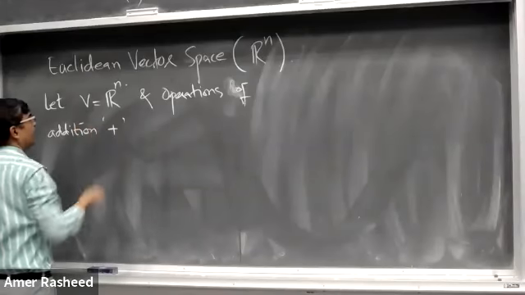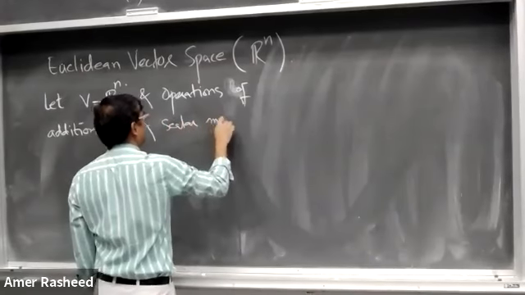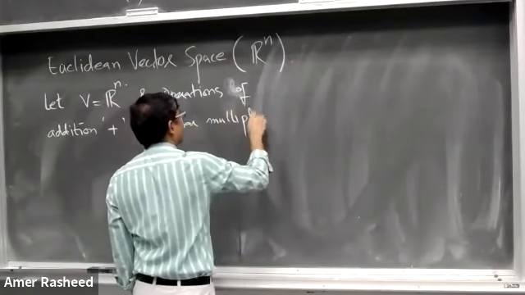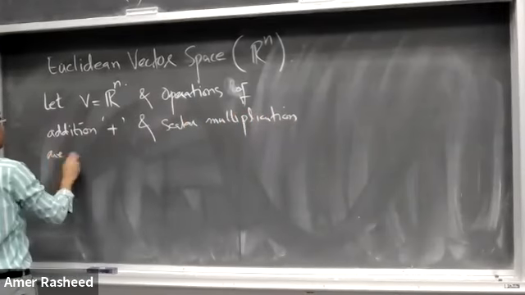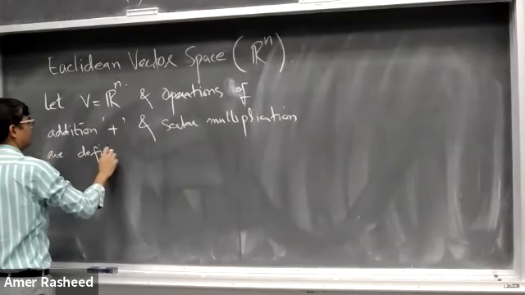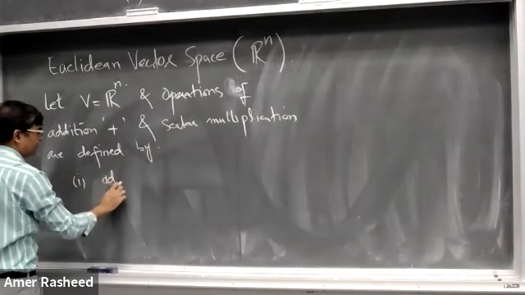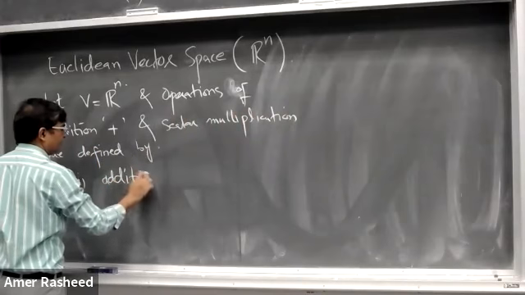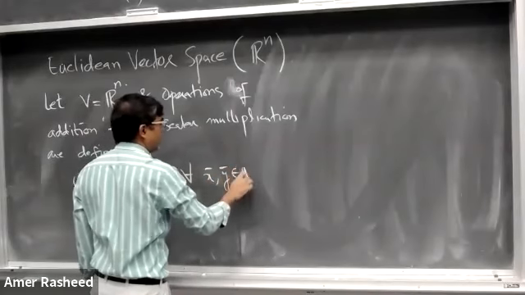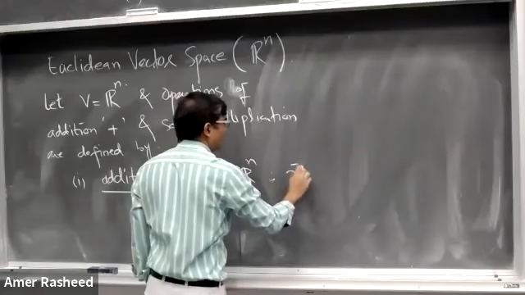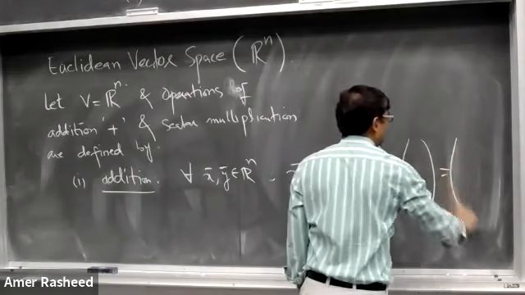You can also say operations of addition and scalar multiplication. The first is addition, which usually, for all x, y belonging to Rn, we define as this plus this is equal to this.